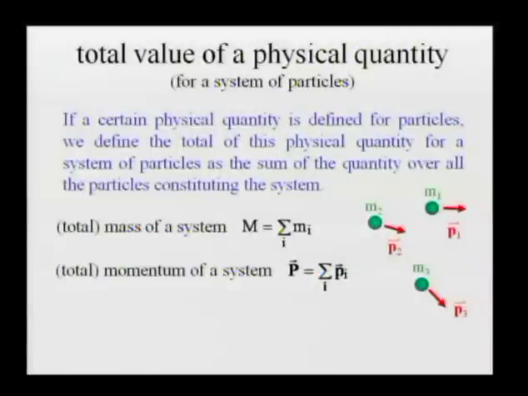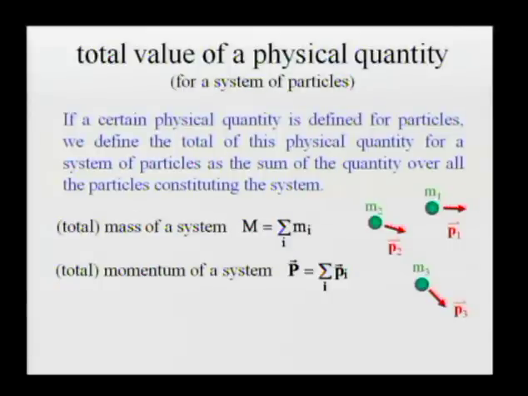What is it? You have to add masses of all particles constituting your body, and then you will get the total mass of your body. Well, let's think about total momentum. We will have to add momenta of all particles constituting your body. That way we will get total momentum.